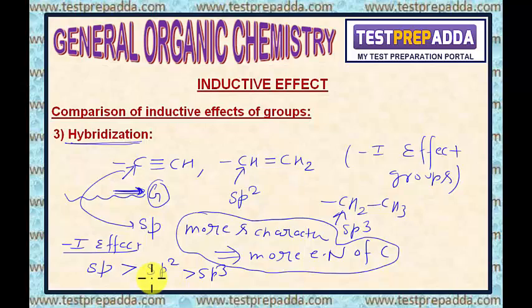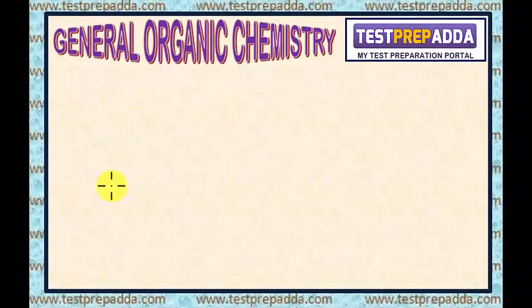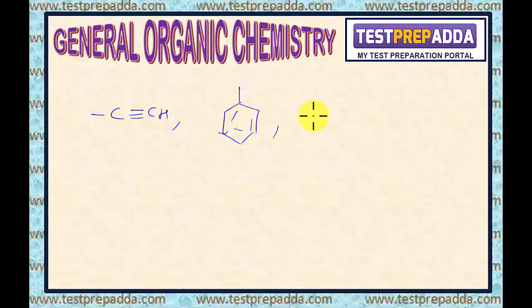My point is clear? If I ask you to compare the inductive effect of C triple bond CH, then aryl, and then vinyl group. If you compare the inductive effect, all these three groups show minus I effect.